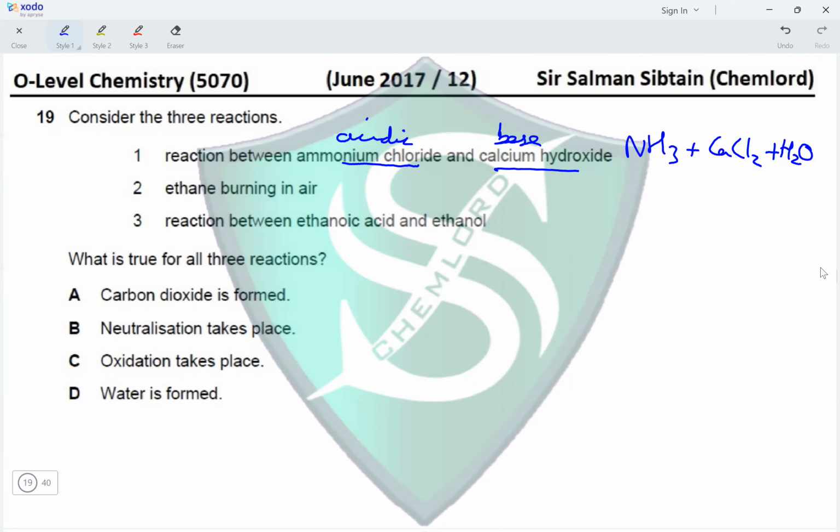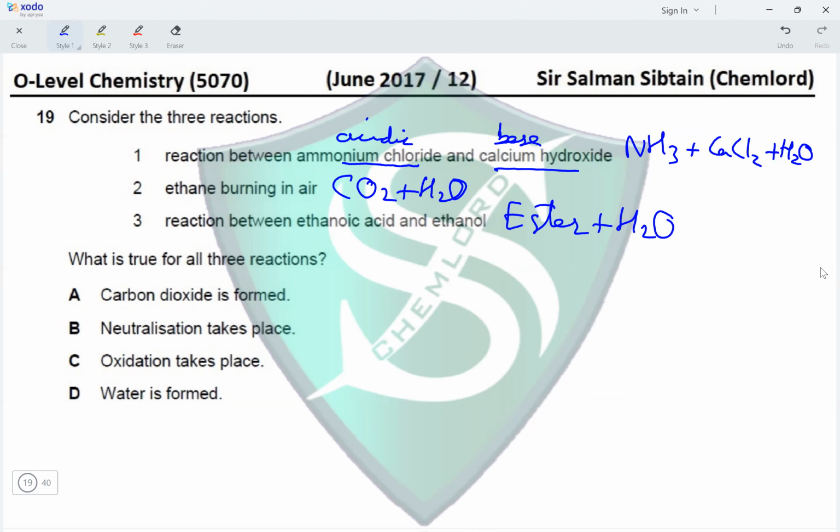Next, ethane burning in air. A hydrocarbon burning in air produces carbon dioxide and water. And 3, reaction between ethanoic acid and ethanol would produce an ester and water. So the products of each reaction have been shown here.